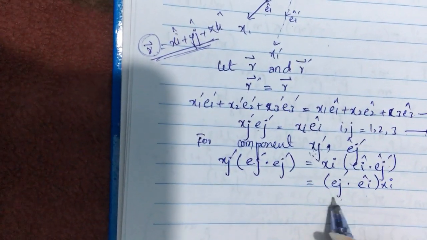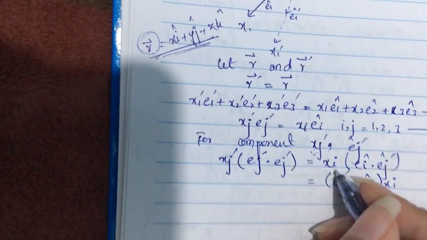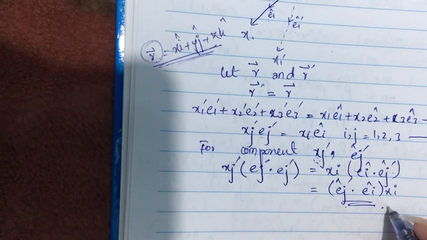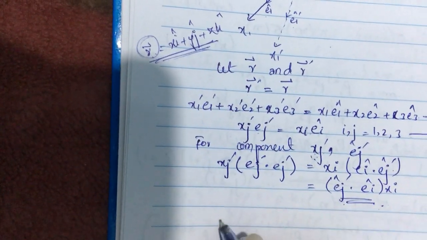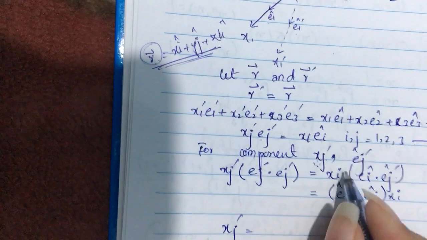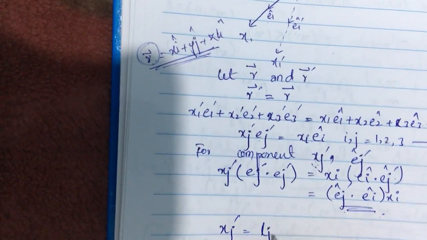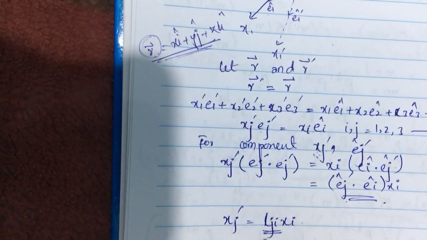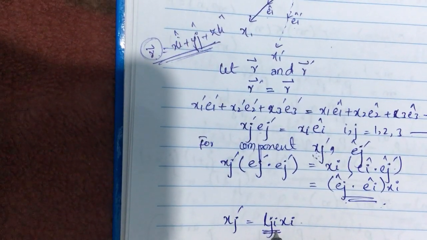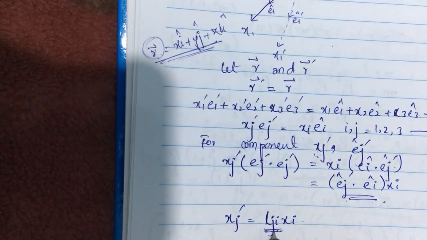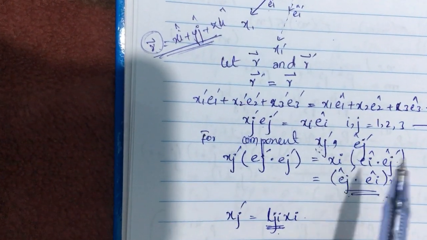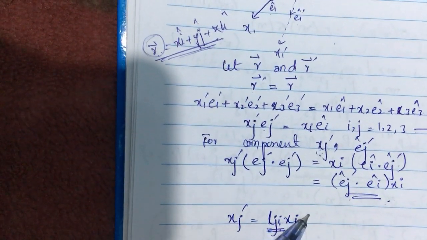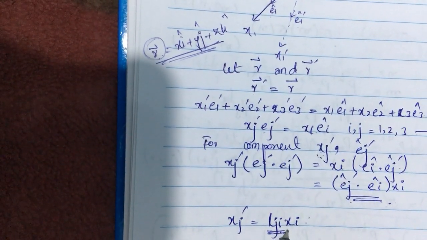And we discussed earlier that this is the definition of the direction cosines of the jth axis of the K dash system. So I can write xj dash equals l j i xi. These l j i are the direction cosines of the jth axis of the K dash system with the ith axis of the K system.